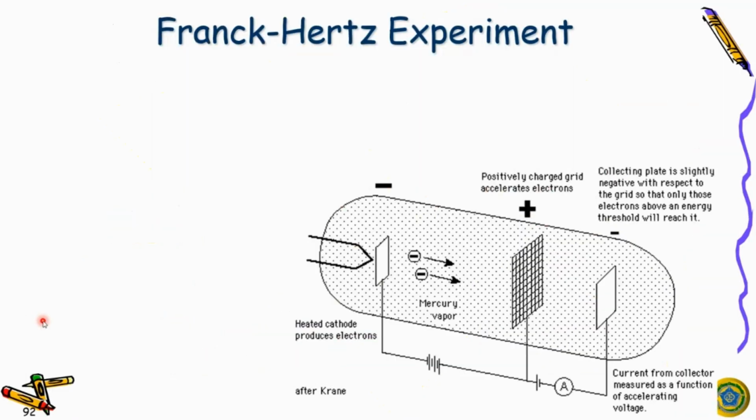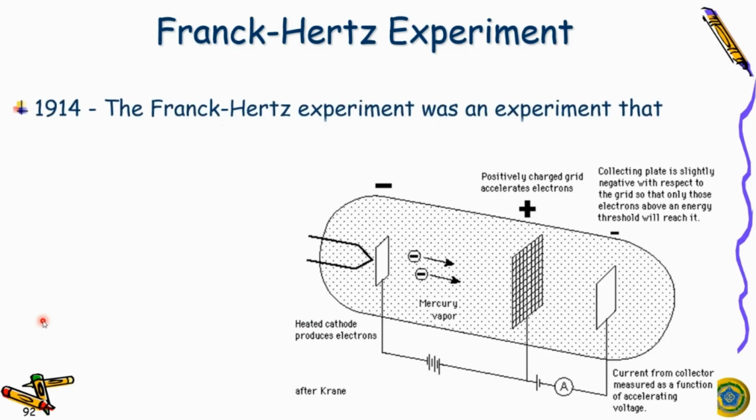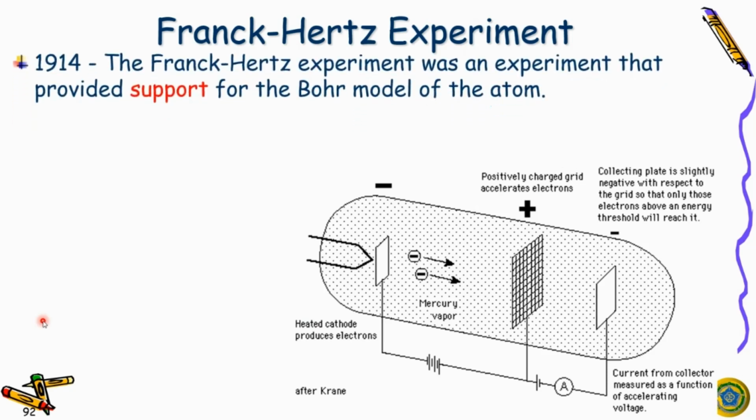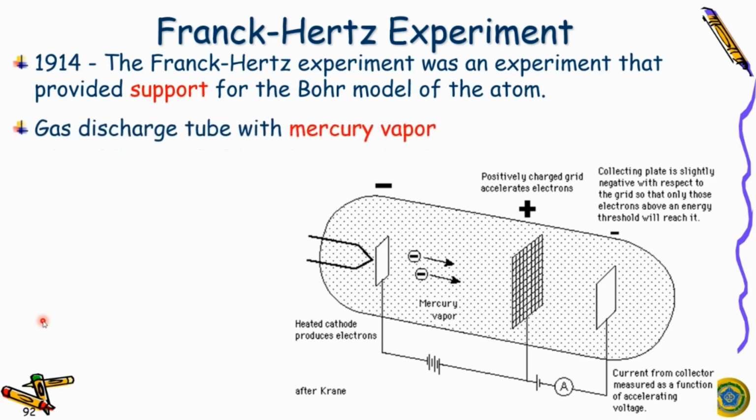So this is another experiment called the Franck-Hertz experiment. In the Franck-Hertz experiment, instead of putting hydrogen into the gas discharge tube, they thought, wow, can I put a different element into this gas discharge tube? So they put mercury vapor into the gas discharge tube.